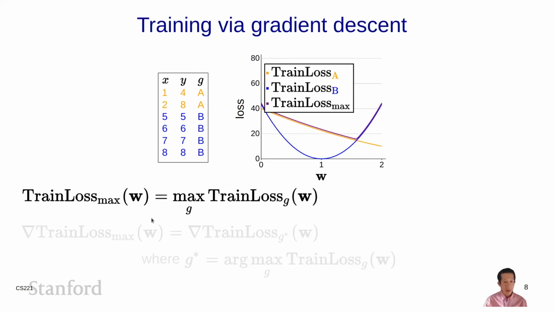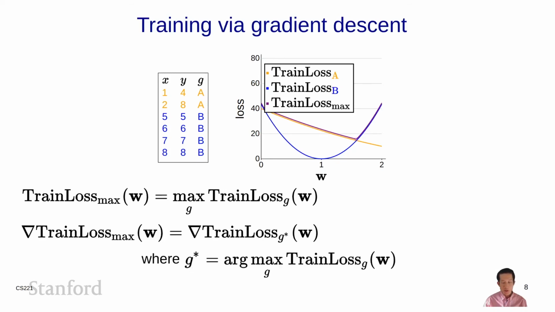And so how do you take the gradient of a max? Well, the gradient of a max, remember, is equal to the gradient of the function evaluated at the particular value g star. And what is g star? G star is the argmax over the training loss.